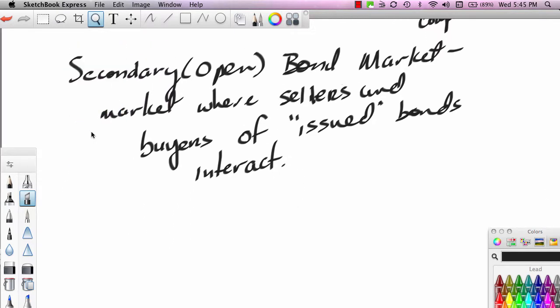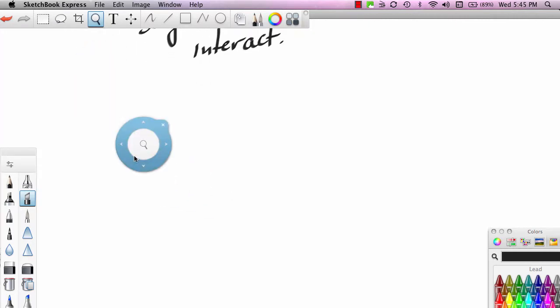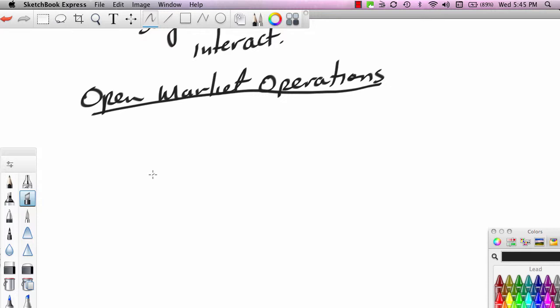Now this is where you have to separate the federal government from the Fed. So how does the Fed conduct open market operations? Well, here's what the Fed does. The Fed buys bonds. Where does it buy them?